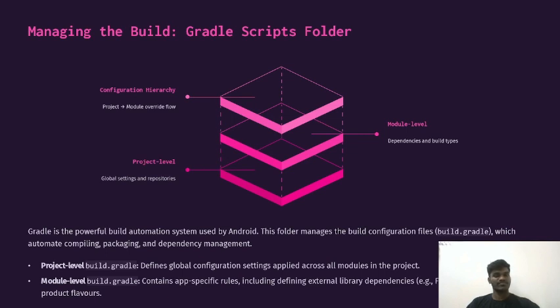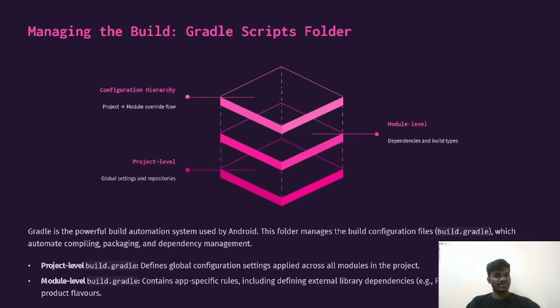The next important part of this file structure is Gradle scripts. Gradle is a build system that compiles and packages our app. It has two main files: the project level build.gradle, which contains global settings, and the module level build.gradle, which contains app specific settings and dependencies.